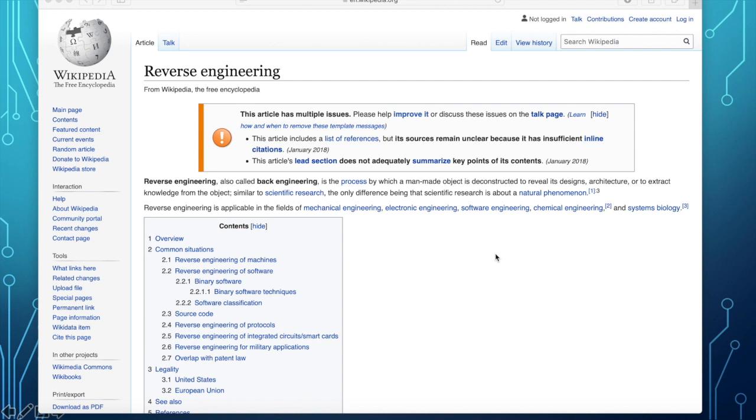Reverse engineering is applicable to mechanical engineering, electronics engineering, software engineering, chemical engineering, and systems biology. So it is the process of extracting the designs and architecture, or extracting knowledge. What is the object all about?